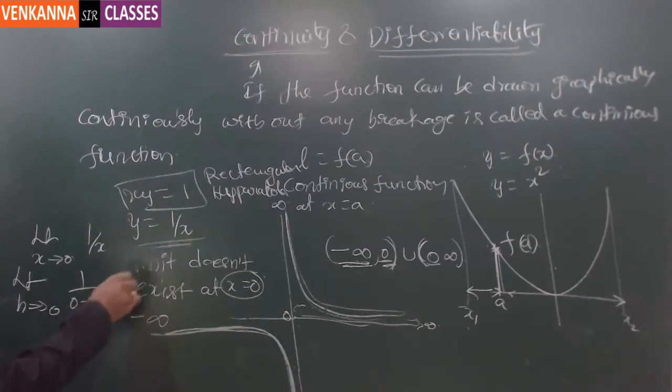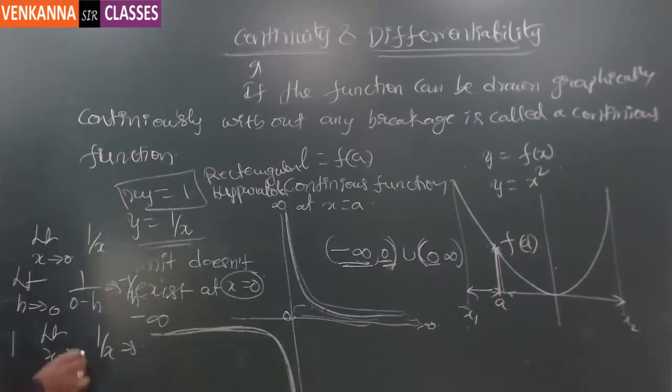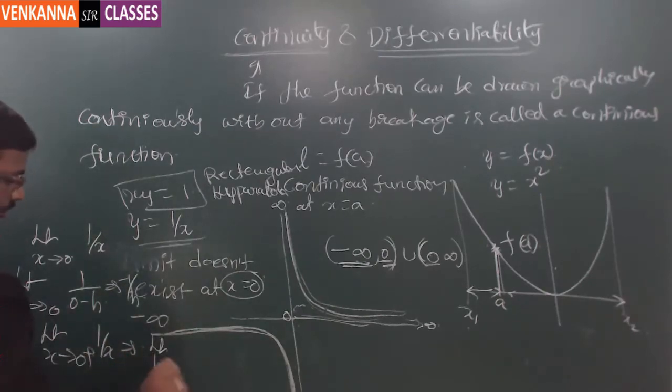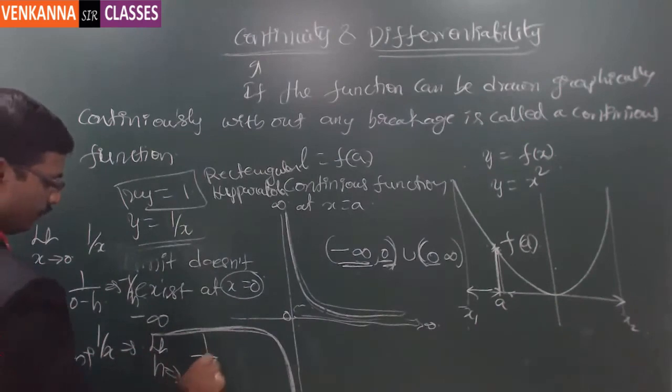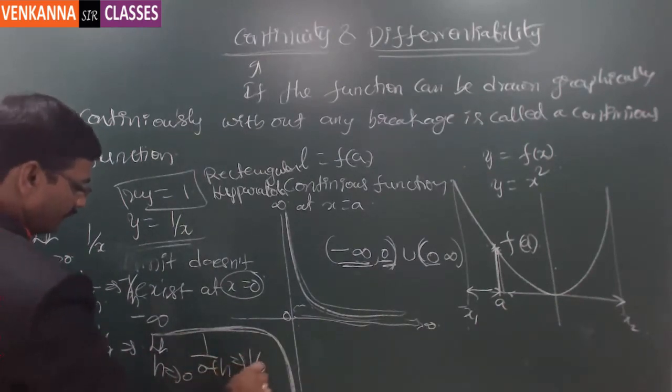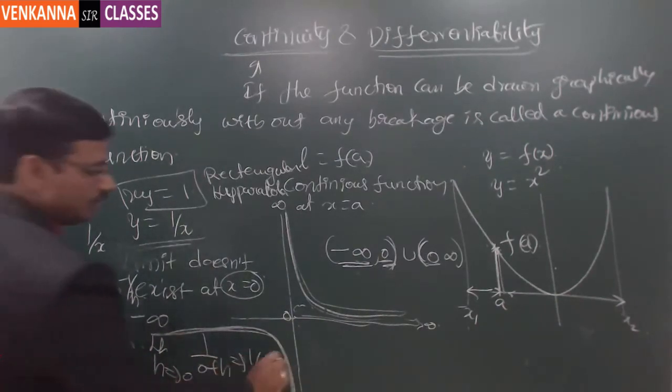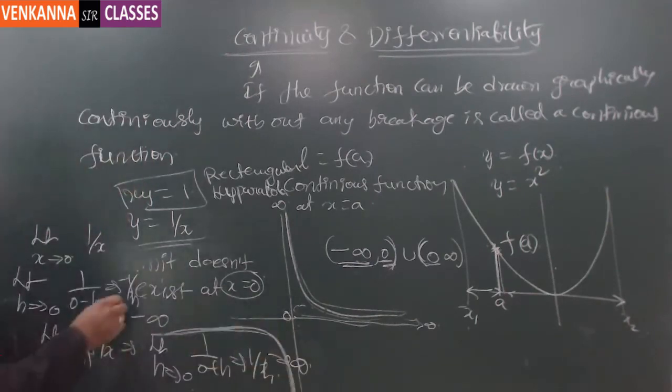So this is minus 1 by h. Similarly, on the right side, limit x tends to 0 of 1 by x, this is 0 plus, which can be written as limit h tends to 0 of 1 by 0 plus h. This will be 1 by h. As h tends to 0, this will be plus infinity, and on the left side, as h tends to 0, this will be minus infinity.